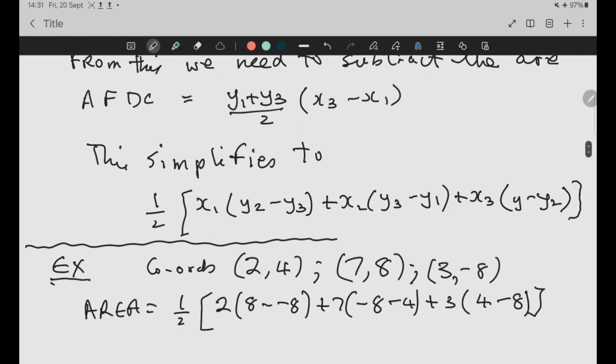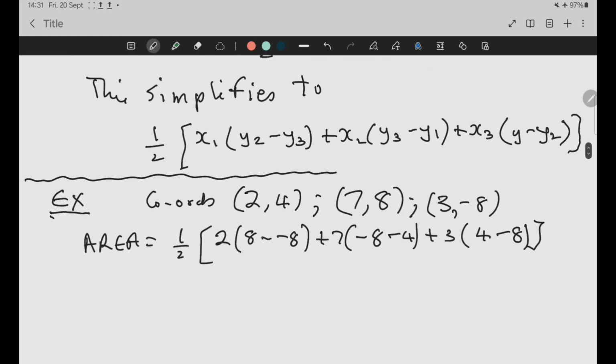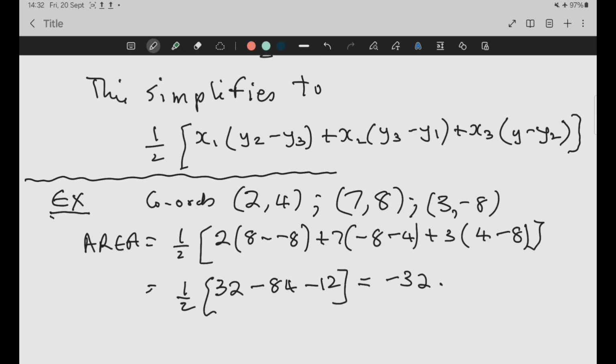And that will work out to 1/2 of 32 minus 84 minus 12, which comes to minus 32. Don't worry about the sign. It all depends whether it comes out positive or negative, whether we go clockwise around the diagram or anti-clockwise.